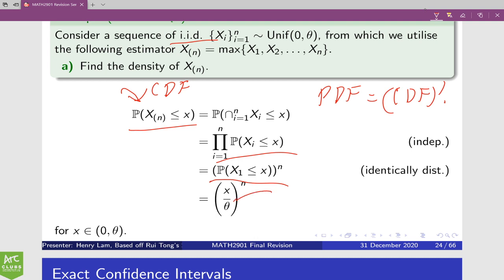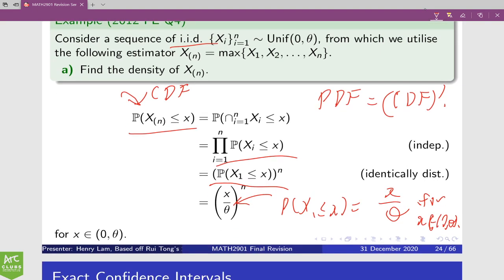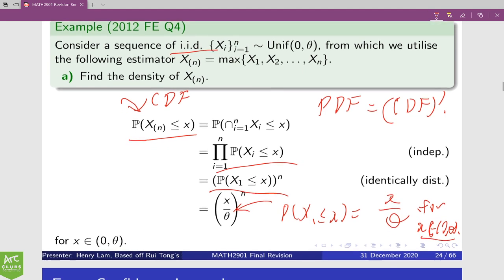And here you just use the fact that P(X1 ≤ x) equals x over theta for x in (0, theta). I did include this part, because you're pretty much assuming that x is going to be in that interval anyway.